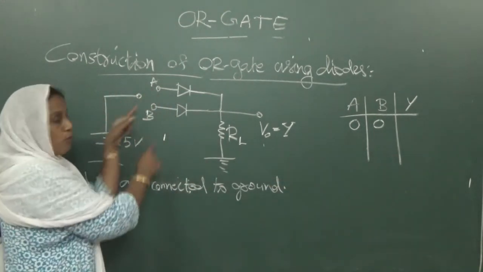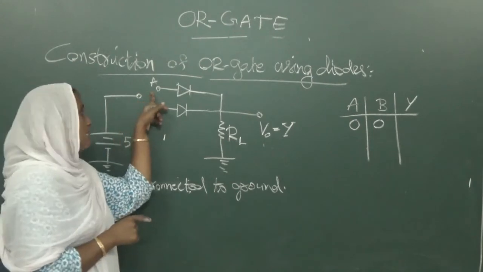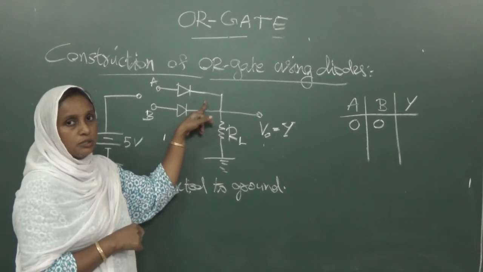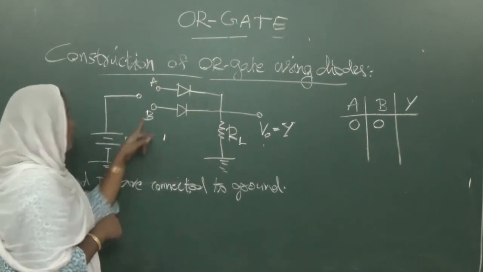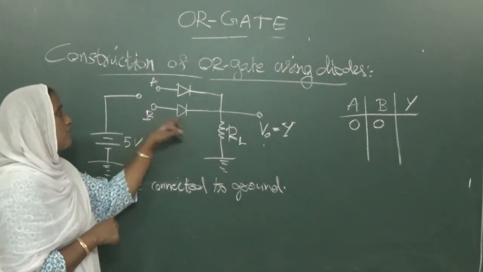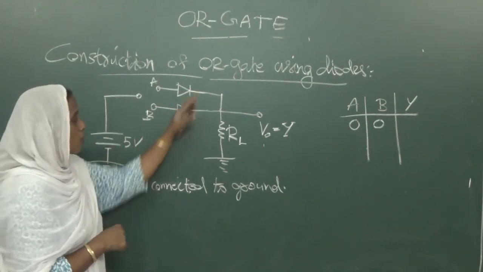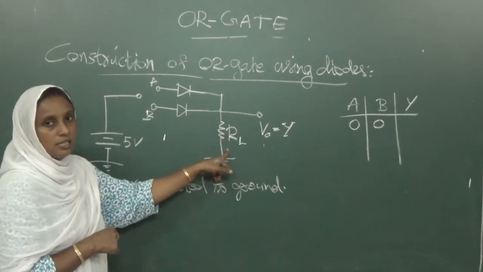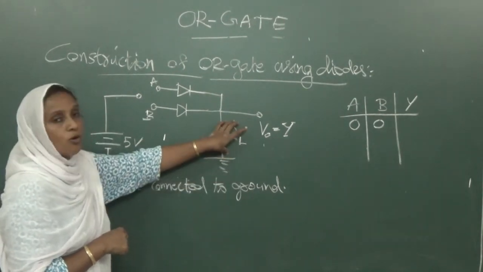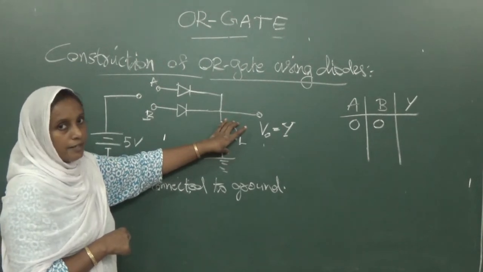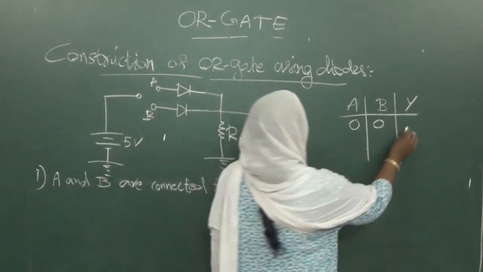A is grounded. A grounded means this diode is reverse biased, so there is no conduction. And B is also grounded, so this diode is also reverse biased. There is no conduction, so there is no current flow through this resistor RL. So there is no voltage across this load resistor. Right? So you get here low.